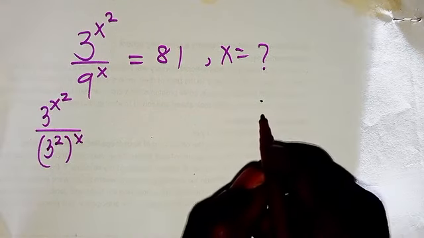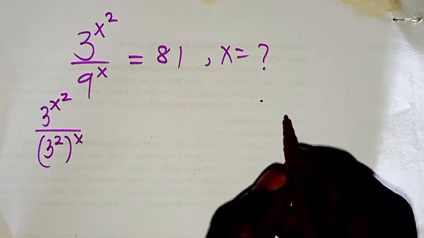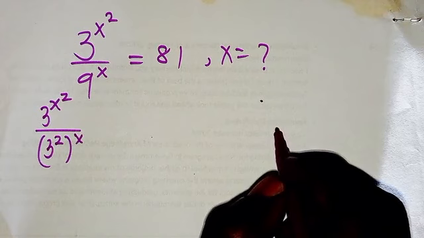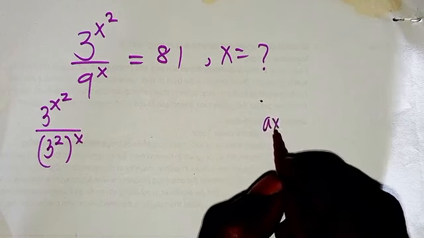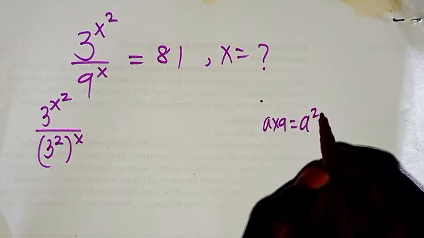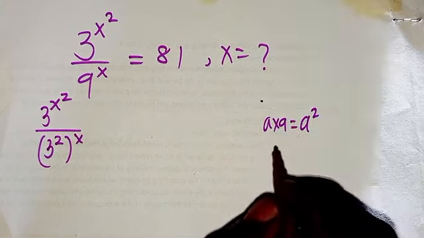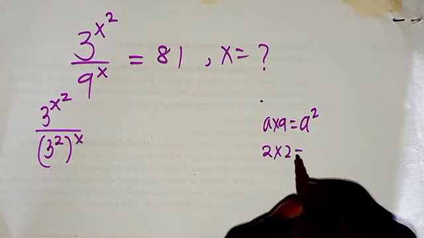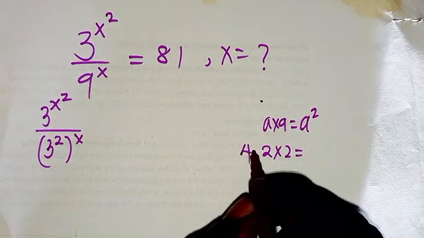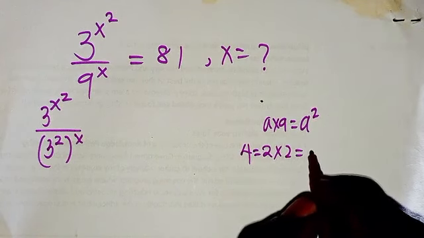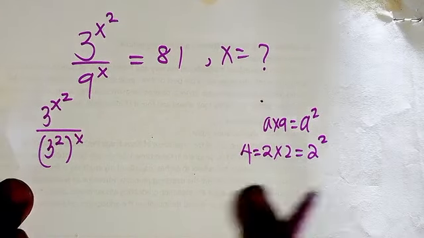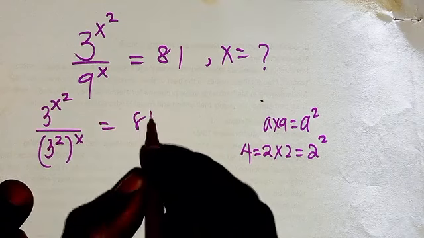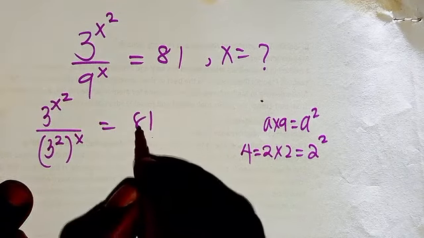This is coming from the law of indices that says when you have a times a, this gives us a to power 2. The same thing, where you have 2 times 2, which is 4, can be 2 raised to power 2, right? So that is what we are going to do here, equals 81.